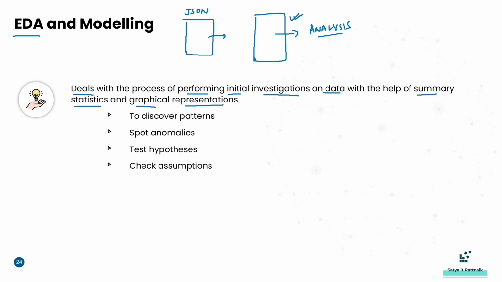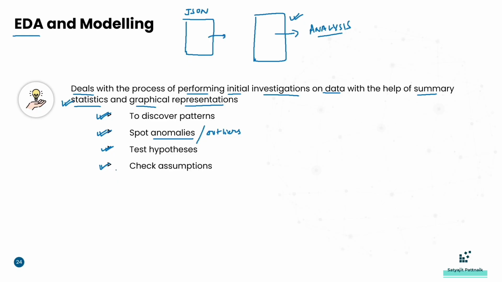Summary statistics is a technical term which we will be covering in depth in the EDA class. To discover patterns, to spot anomalies, anomalies otherwise means outliers, test hypothesis, check assumptions. Now analysis is a very vital phase, because as a data analyst, this is your primary task, to analyze the data.